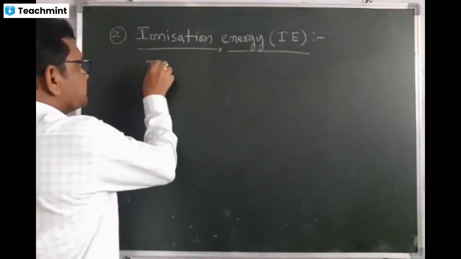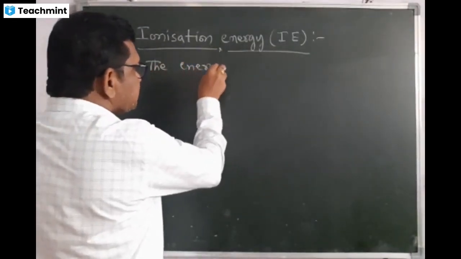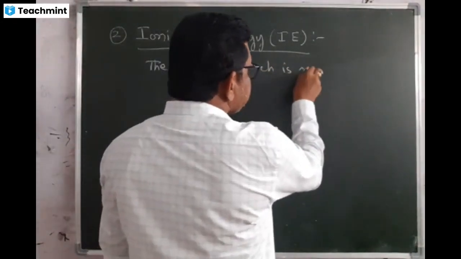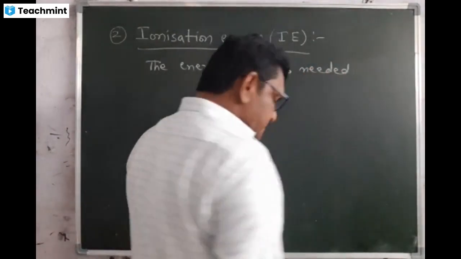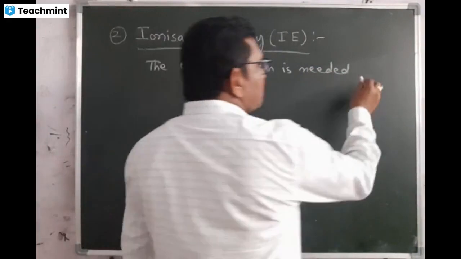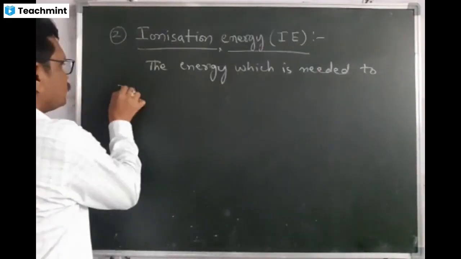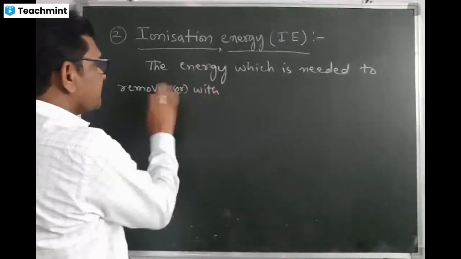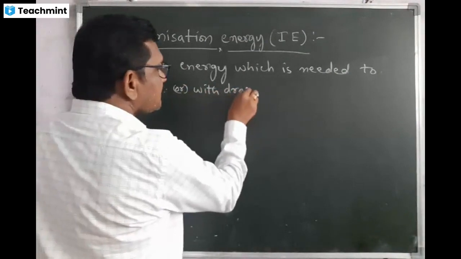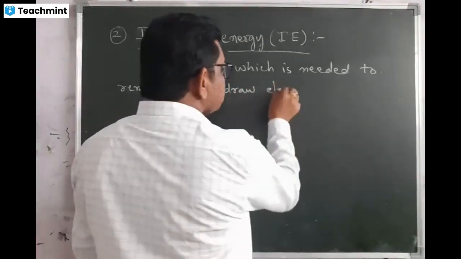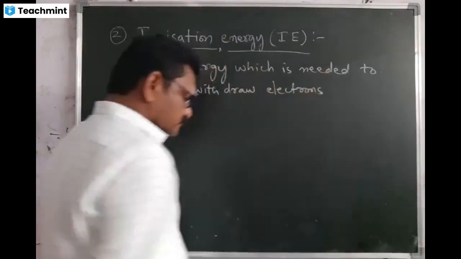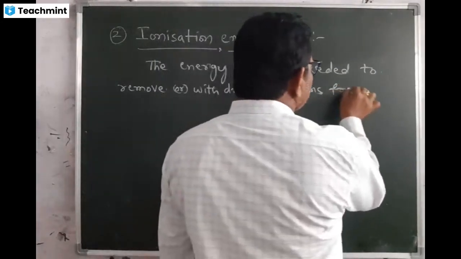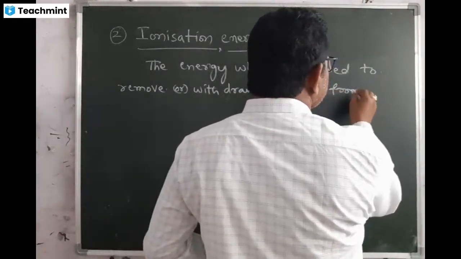Ionization energy means the energy which is needed to remove or withdraw electrons, both are right, to remove electrons from the outer orbit.